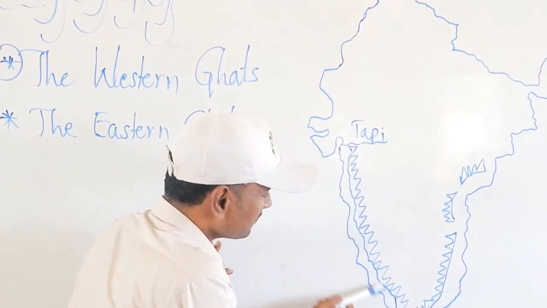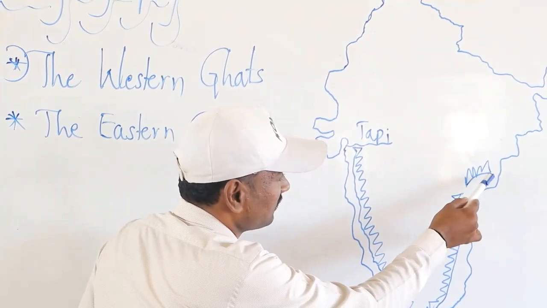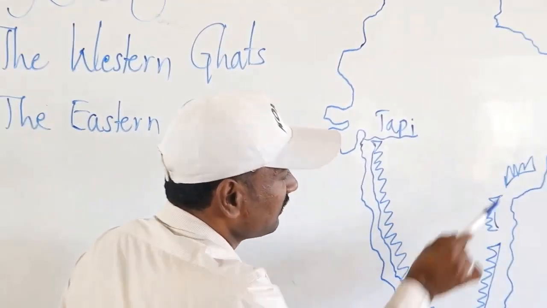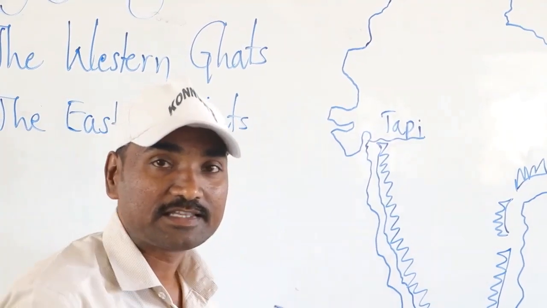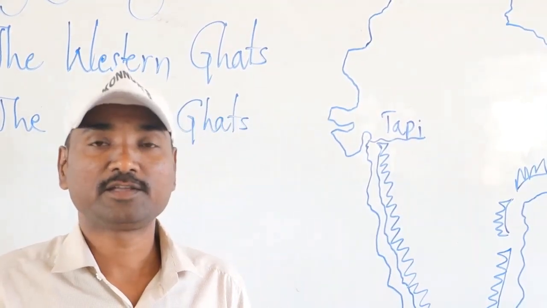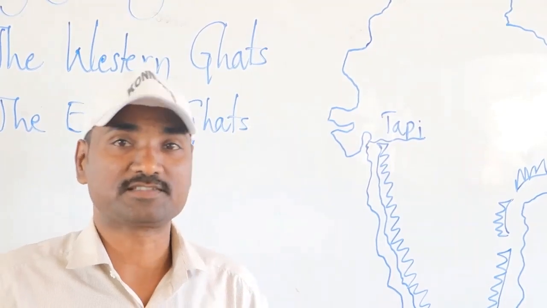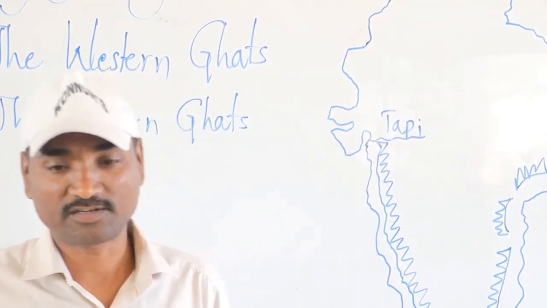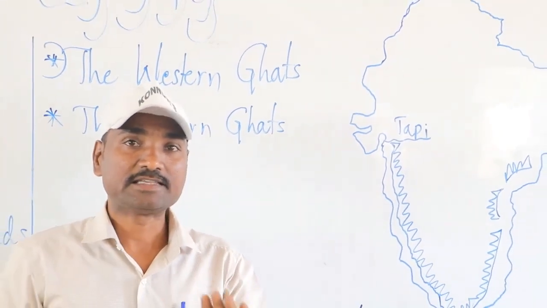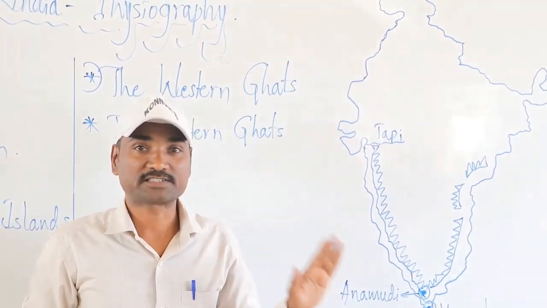This is continuous, but this Eastern Ghats is not continuous. The Eastern Ghats are divided into many rifts and valleys. The Eastern Ghats are lower than the Western Ghats.